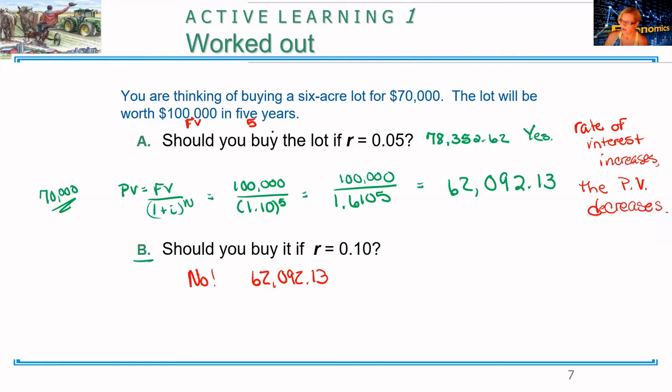So the opportunity cost here is what else could you do at 10%. So this is an important idea here.